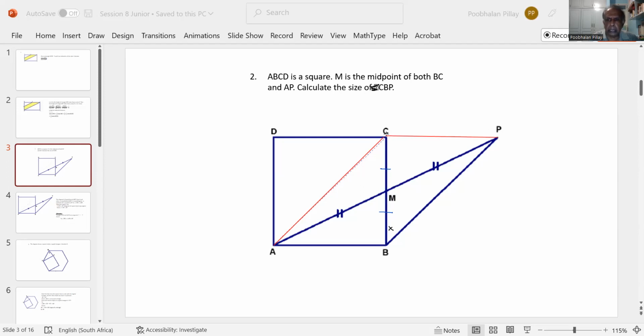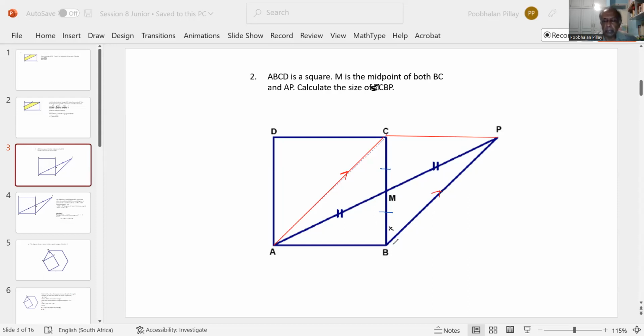So in this quadrilateral here, CPBA, we see that the diagonals of this quadrilateral, these are the two diagonals, bisect each other. And one of the things I told you is that when you've got a quadrilateral where the diagonals bisect each other, you can conclude that it is a parallelogram, right? You can conclude that the opposite sides are parallel. So in this case here, I can conclude that this line is parallel to this line, right?